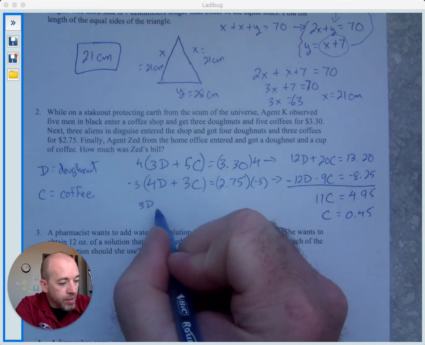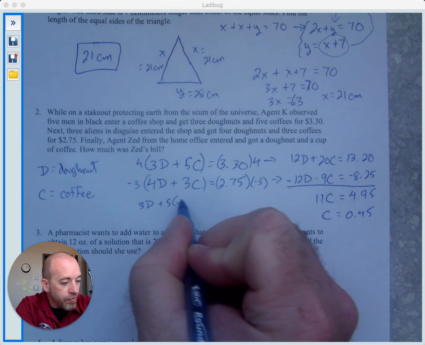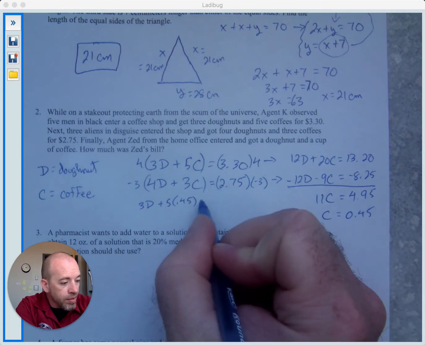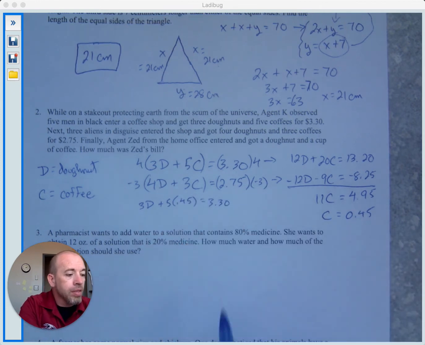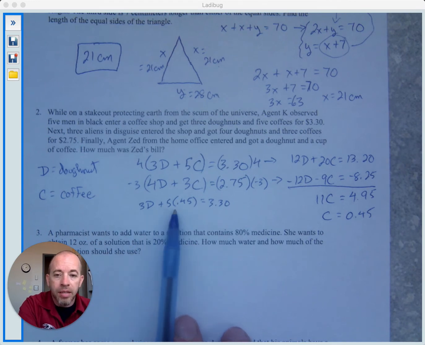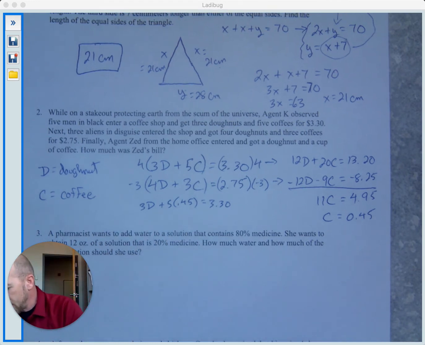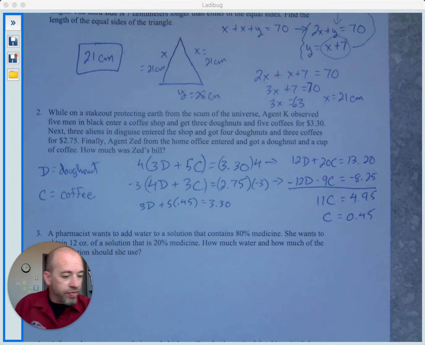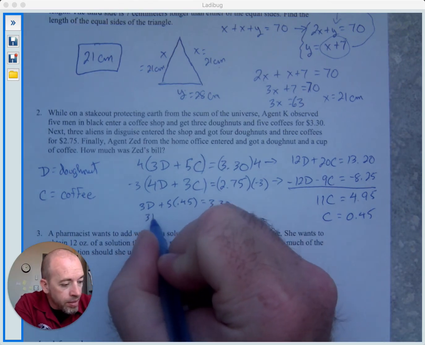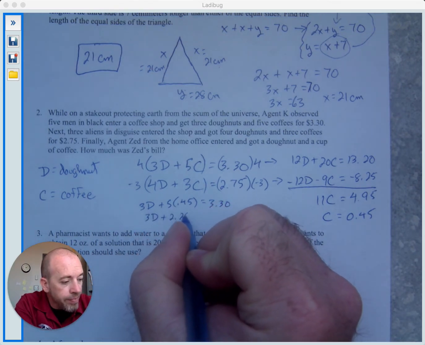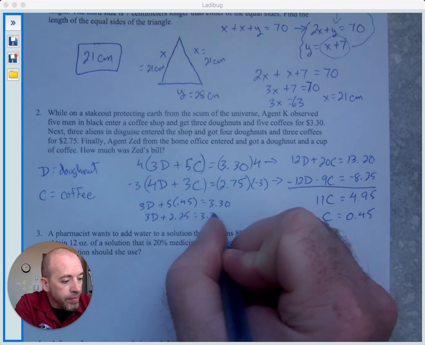We have 3D plus 5 times 0.45 equals 3.30, right? Now we only have one variable, the D. 5 times 0.45, what is that? That's 2.25, right? So 3D plus 2.25 equals 3.30.